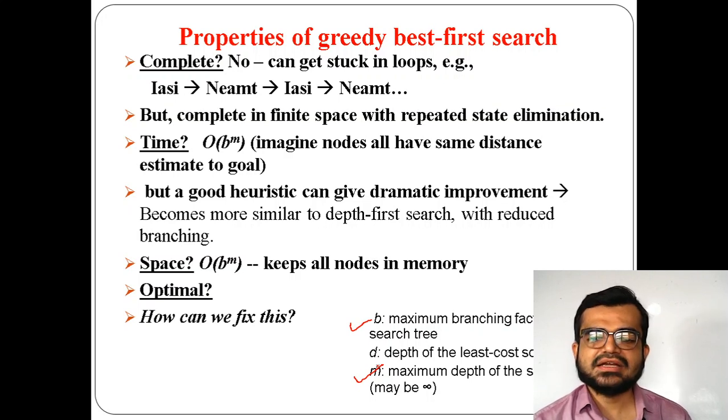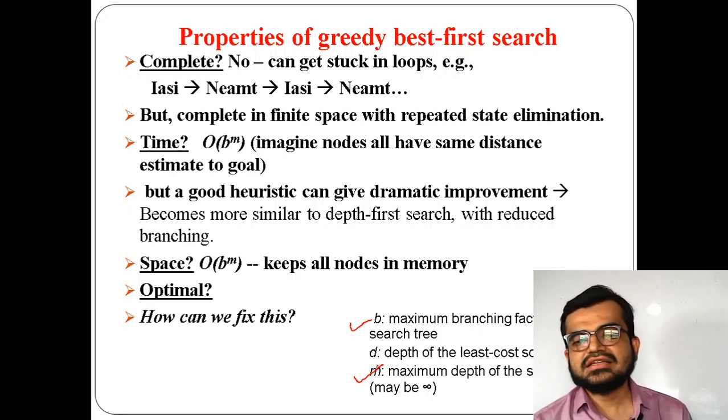If the depth in the worst case is infinity, then the space in the worst case will also be infinity. That means the space takes more and more if the states are infinite, continuously repeating. So we have to fix such a problem.